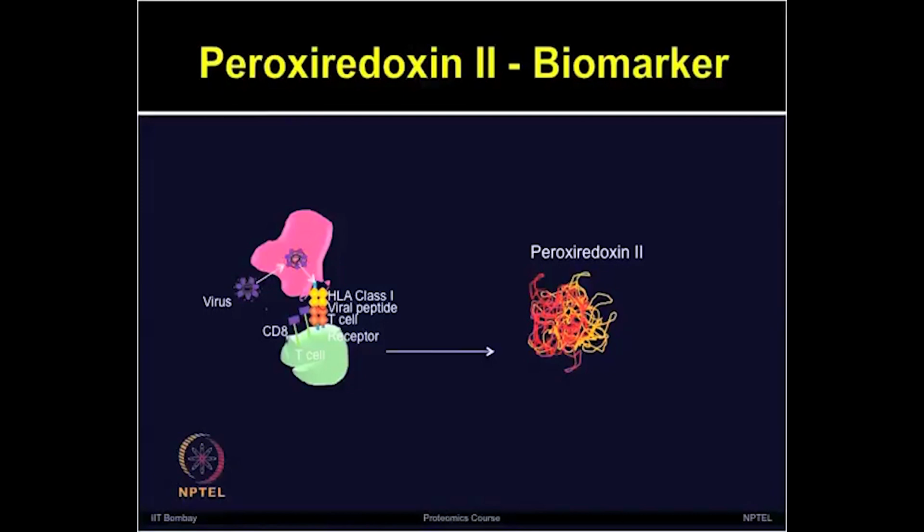The level of plasma peroxiredoxin 2 in patients with SARS was significantly high. Proteomic analysis and Western blot validation suggested that peroxiredoxin 2 may be used as one of the SARS disease associated biomarkers.